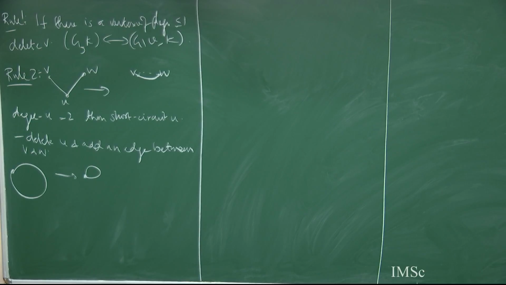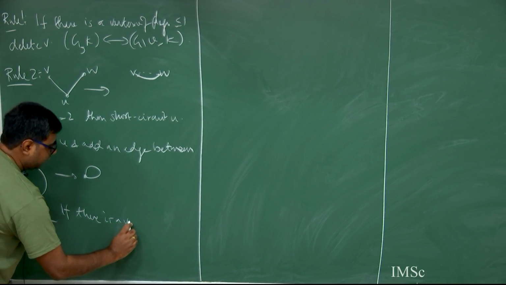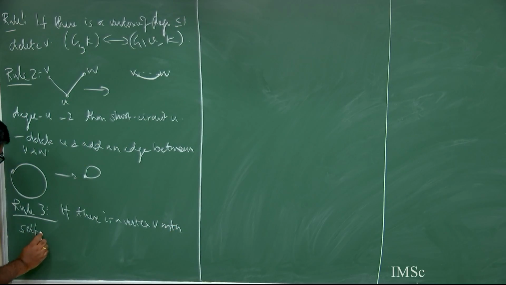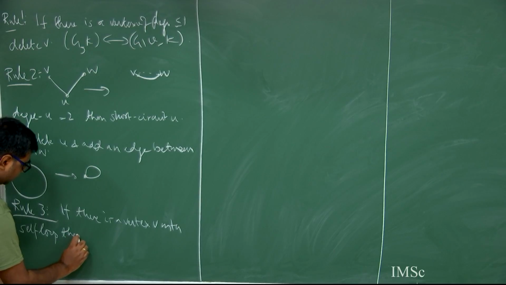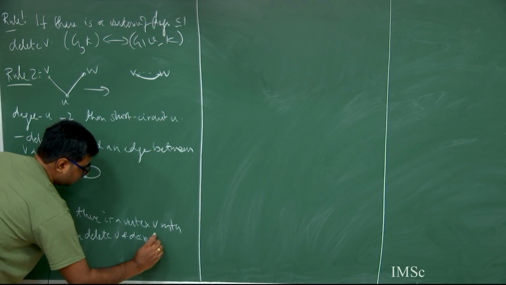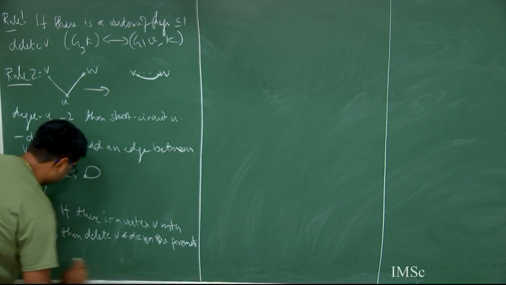So now we have a third rule. If I have a self loop, then this is a single vertex with a loop, which is a cycle with exactly one vertex, so every feedback vertex set must contain it. So rule 3: if there is a vertex v with a self loop, then delete v and decrease the parameter by 1.